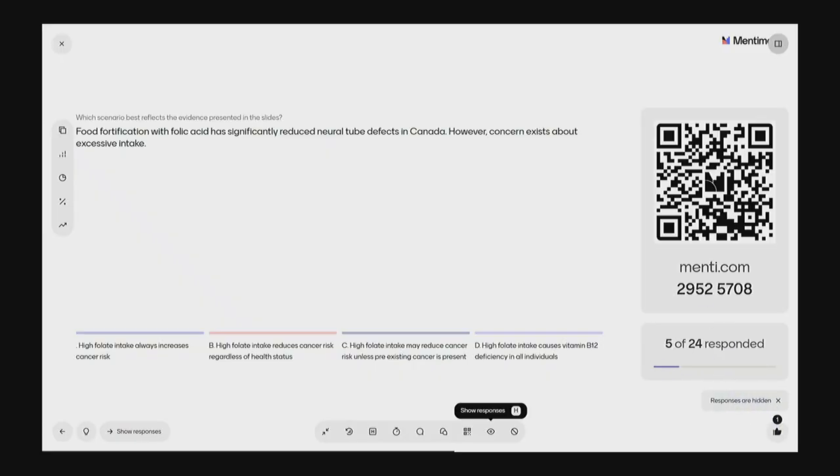So essentially, we do know that it's helpful in reducing the cases of neural tube defects in Canada, but what could be other concerns related to high folic acid intake that comes from the fact that our staples are supplemented or fortified?